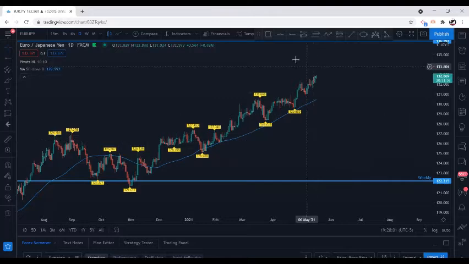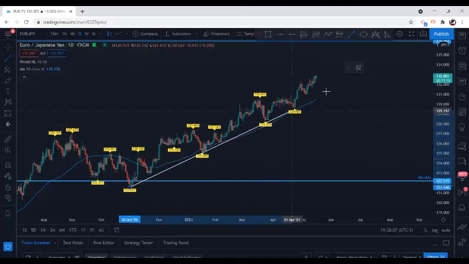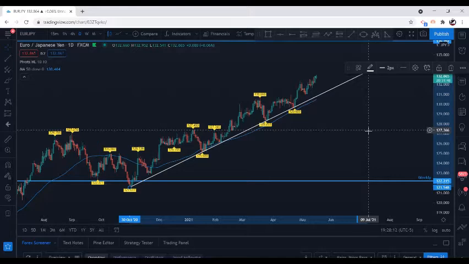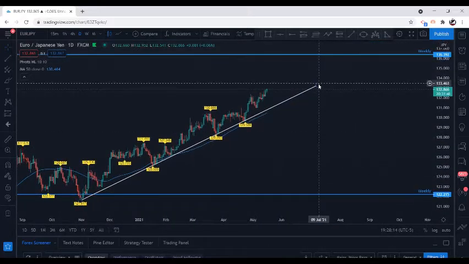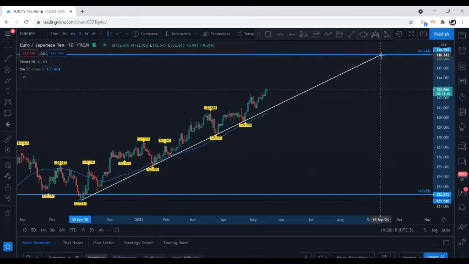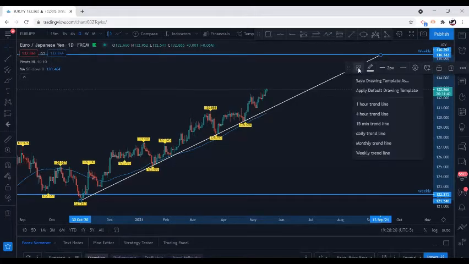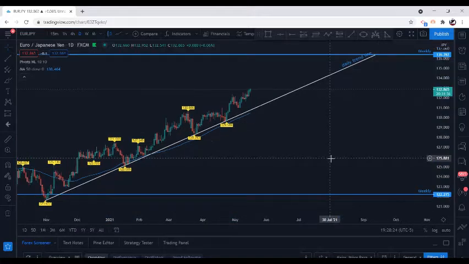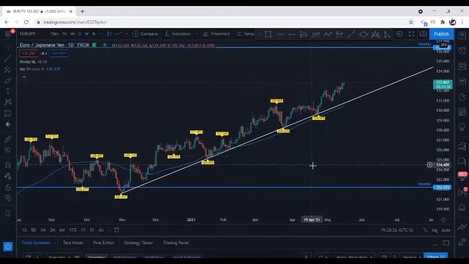On my intraday higher time frame, which is the daily time frame, I can see that price has been trending upwards. So we can just extend this trend line all the way up to this weekly resistance level and label it.